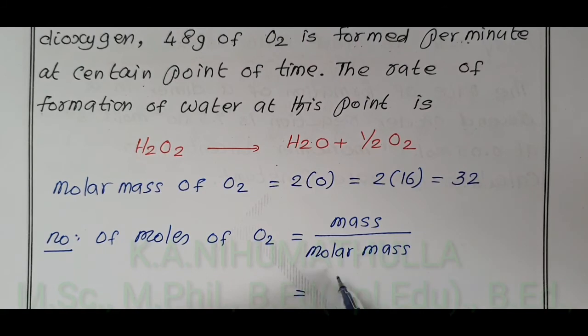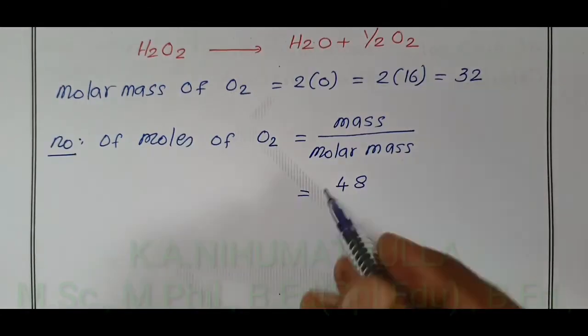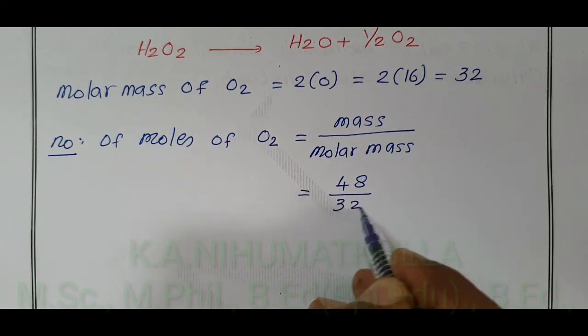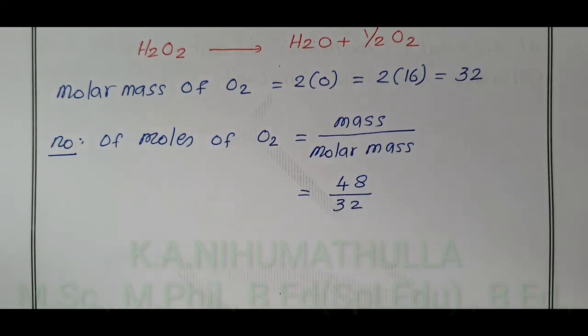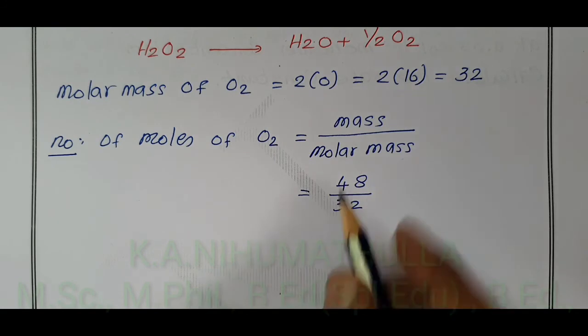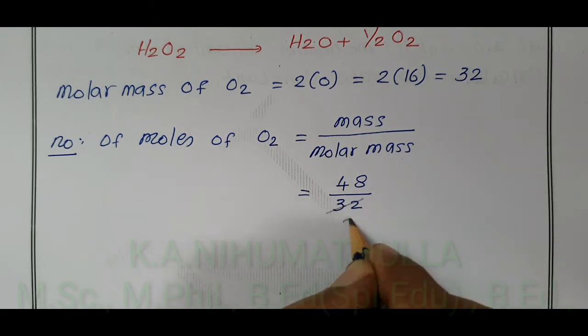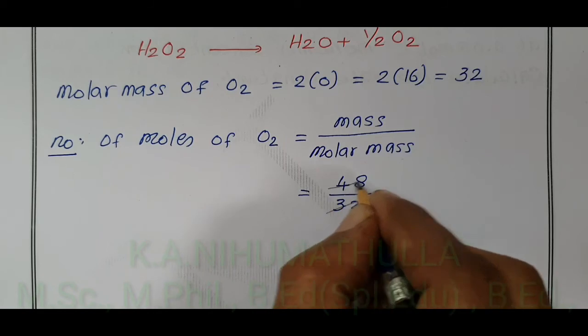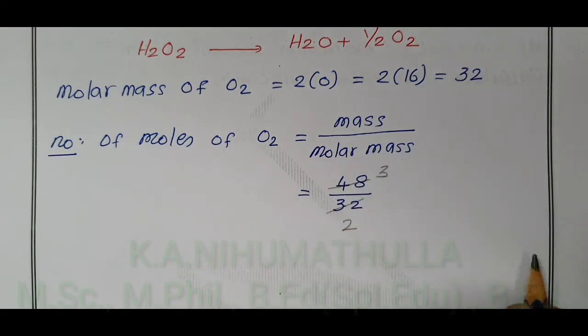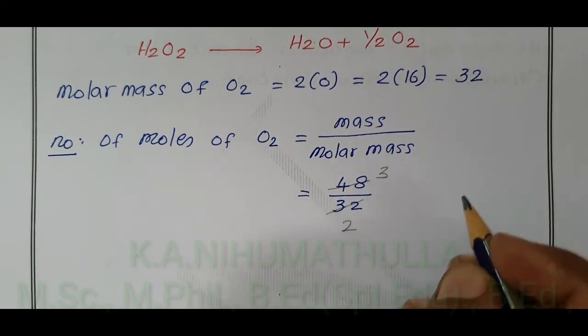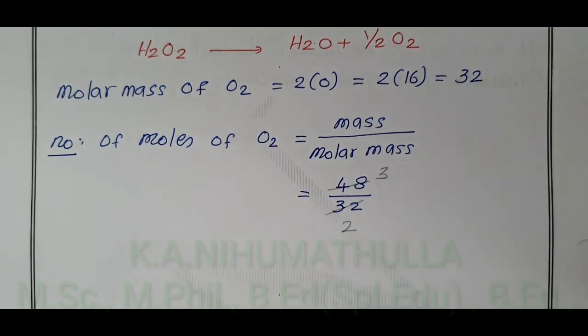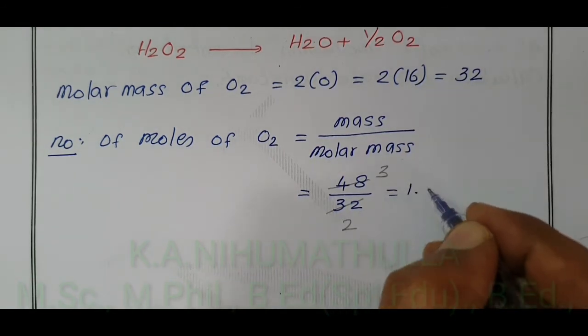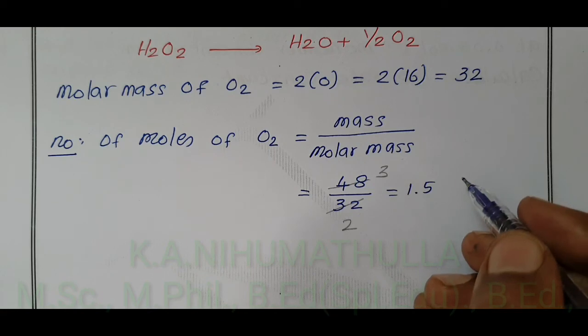Mass of oxygen given in our problem is 48. The molar mass of oxygen is 32. We can cancel these. 16 table: 2 16s are 32, 3 16s are 48. So 3 by 2 is equal to 1.5 per liter.